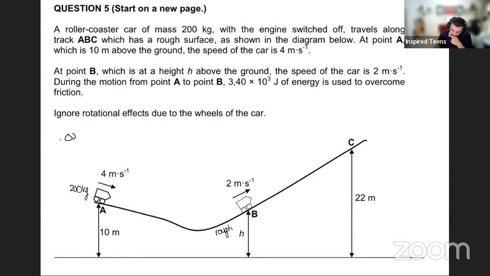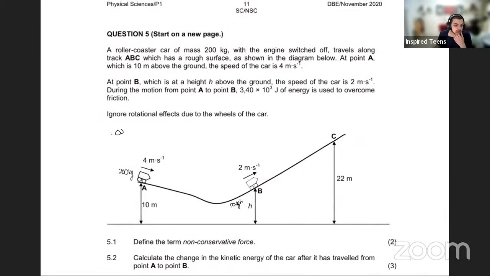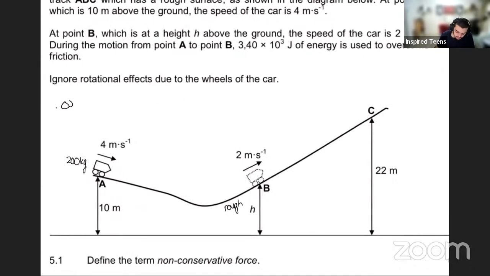At point A, which is 10 meters above the ground, the car has a speed of 4 meters per second. At point B, which is 8 meters above the ground, this car has a speed of 2 meters per second. During the motion from A to B, 3.4 times 10 to the 3 joules of energy is used to overcome friction.